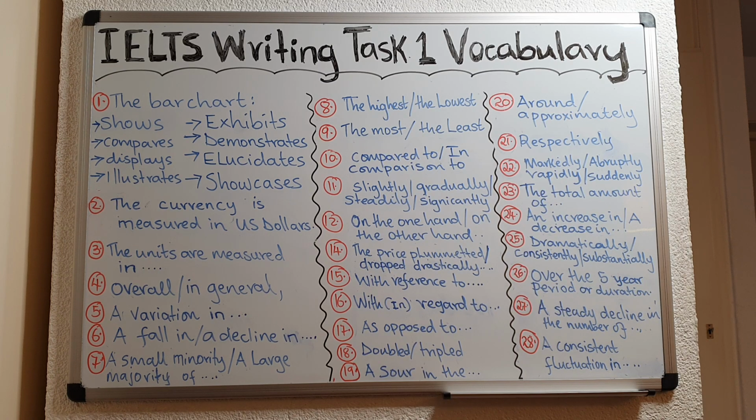Now you can use this in a sentence while you're writing your task 1 by saying, for example, in the year 2020, most of the cars that were imported from Germany were Audis.